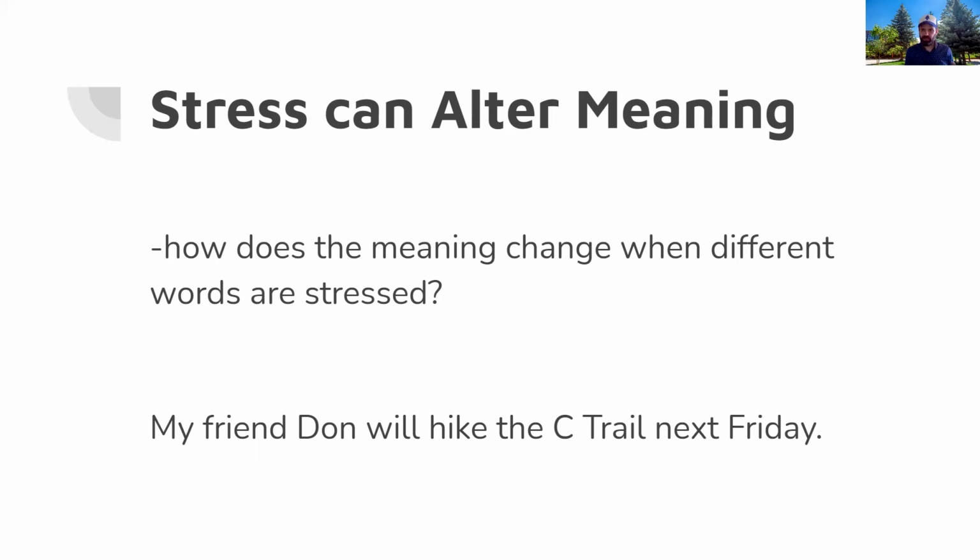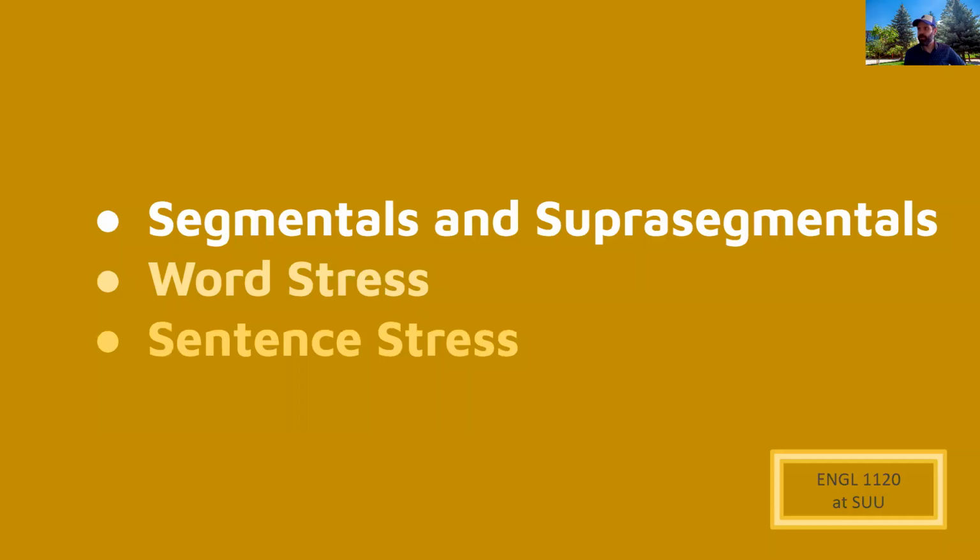We've got this extra ability to influence how our words are received by our listeners. So we talked about segmentals and supersegmentals, and we really focused on a particular category of supersegmentals, which is stress. We talked about both word stress and sentence stress and how English users can use stress to influence grammar and the intended meaning of their utterances.